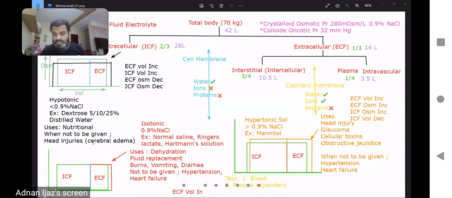But there is one thing in the body in which the theme is like that the bone is outside and the soft tissue is inside, which is the brain. And the brain does not have any space to expand. Okay? So if this water expands the intracellular compartment as well, if a patient is having head injury and edema of the brain, cerebral edema, what will happen if we give this fluid to such a patient?